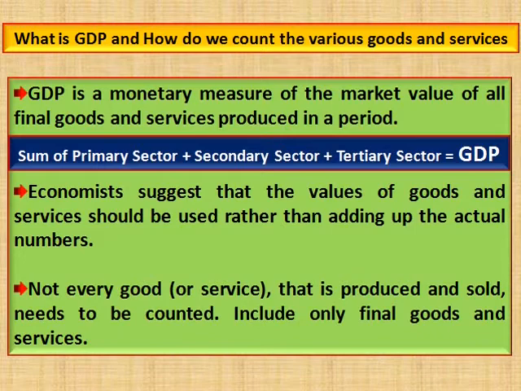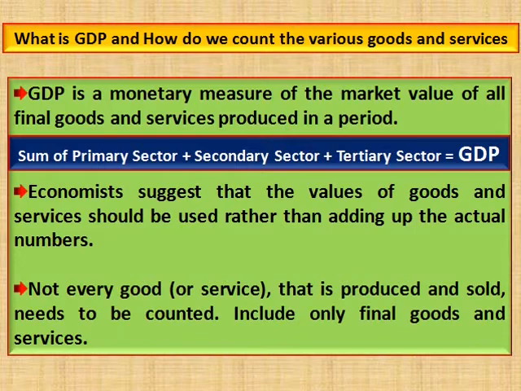In the previous class, we learned what GDP is. Now, recap. GDP is a monetary measure of the market value of all final goods and services produced in a period. Sum of primary sector plus secondary sector plus tertiary sector, the whole we call the GDP.